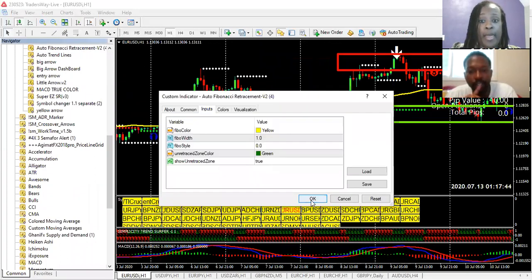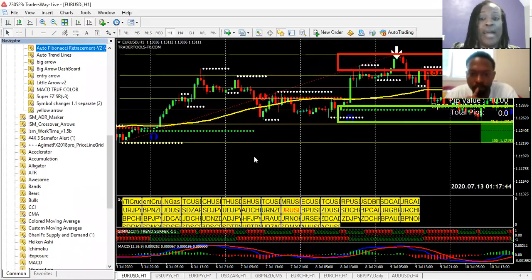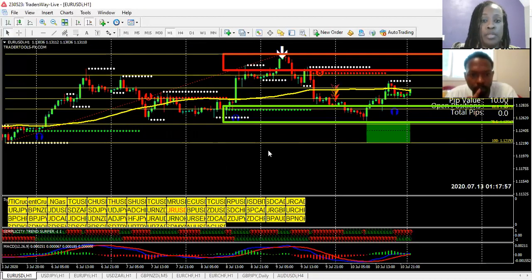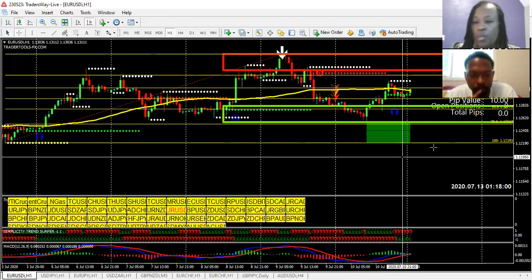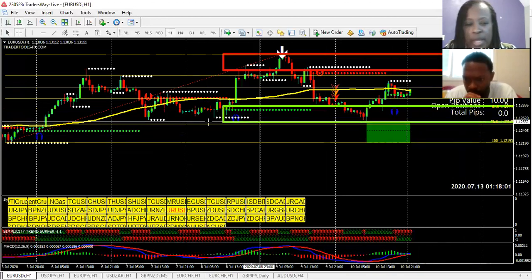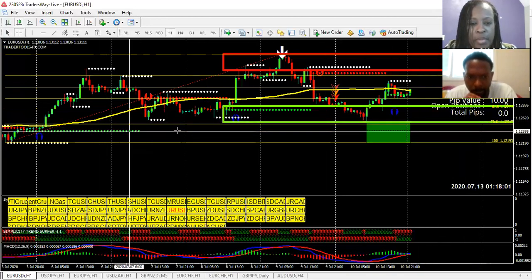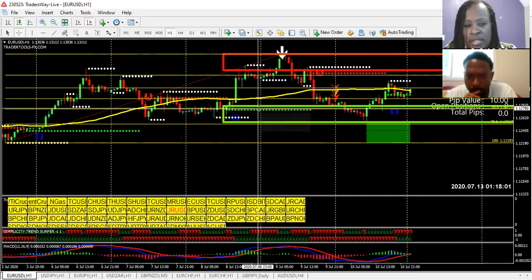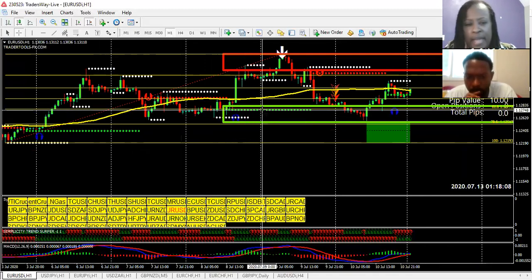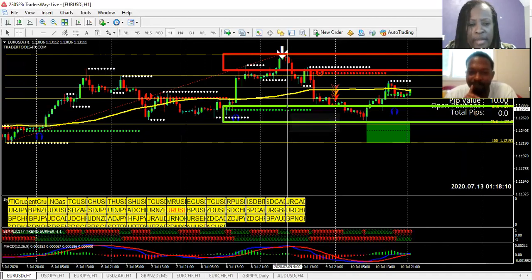Let me just show you. For instance, we have the 23, just slightly below, but right here, these green dots, that's the 38. It's right here on the 38.